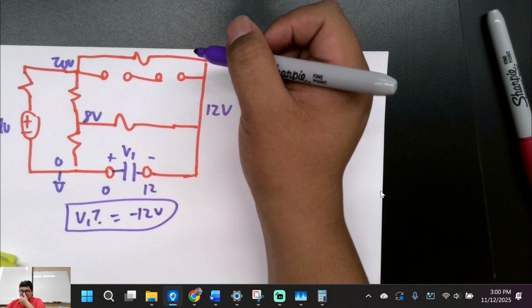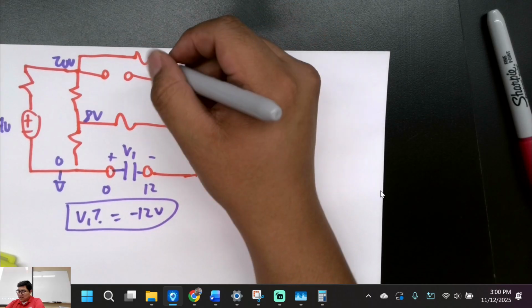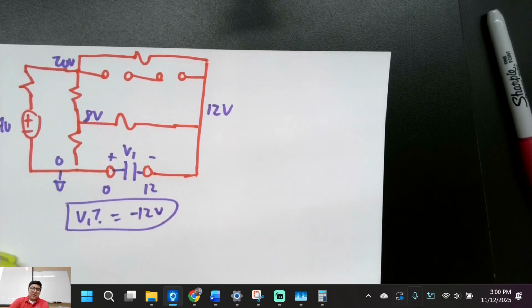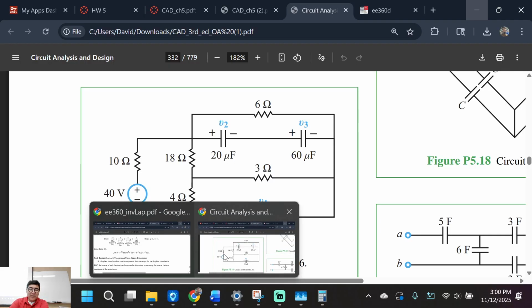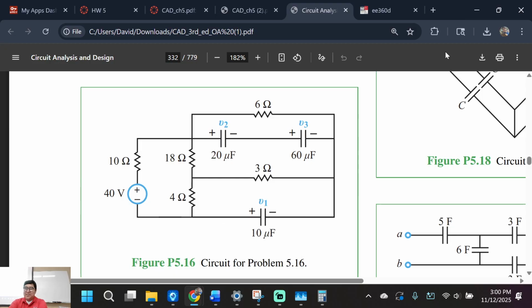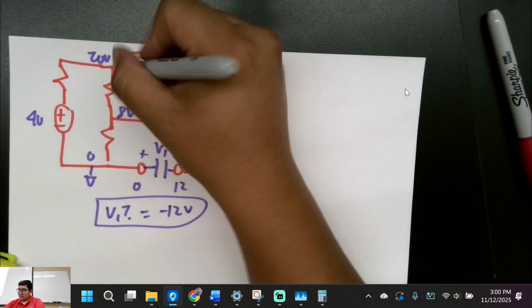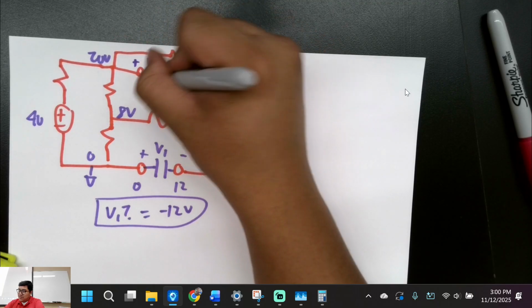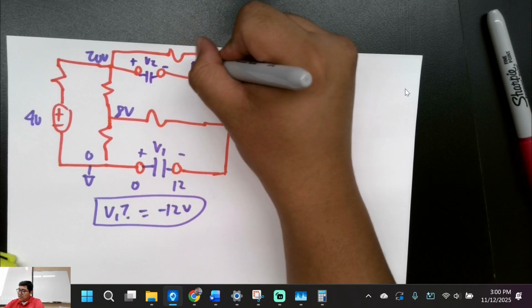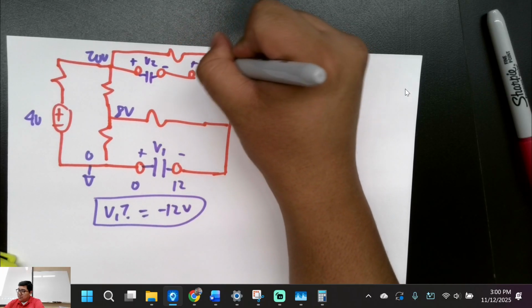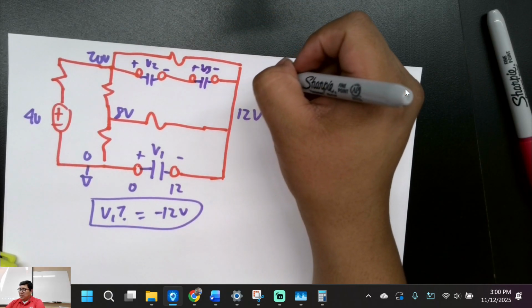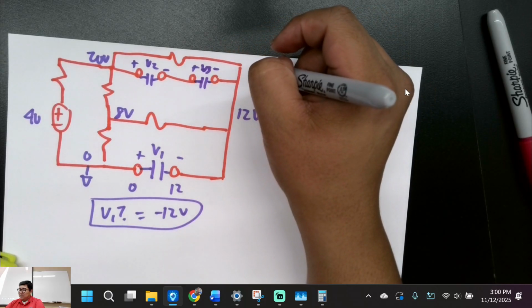Now let's do this other one. Because now I'm wondering about these two. Well, I'll tell you this. If you do the following, you got plus minus, plus minus V2 capacitor. Plus minus V3.